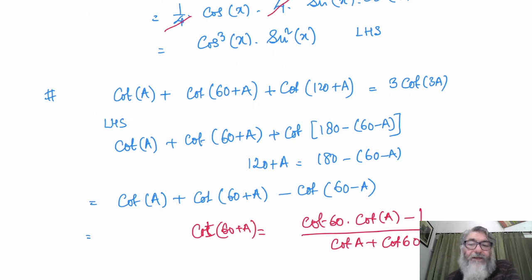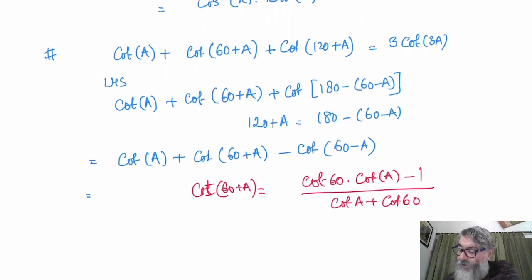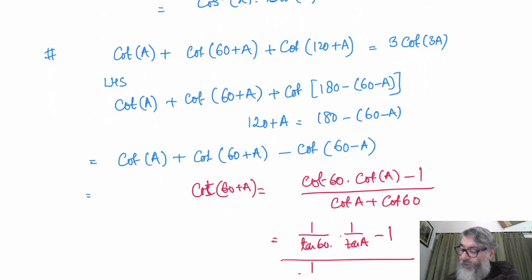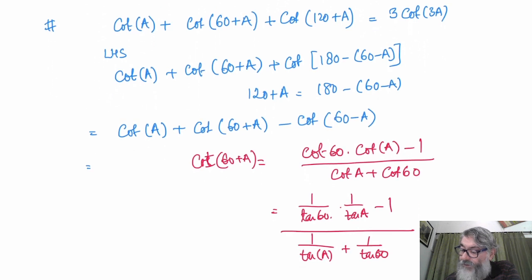Let me simplify it also. Cot 60 I can write as 1 upon tan 60, and cot A as 1 upon tan A. So it becomes (1 upon tan 60 tan A minus 1) upon (1 upon tan A plus 1 upon tan 60). Tan 60 is root 3.